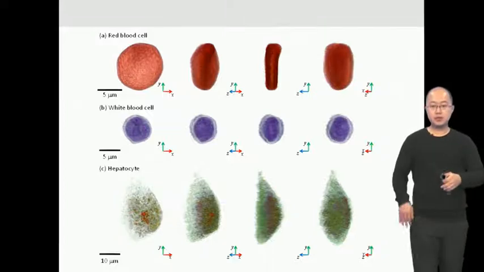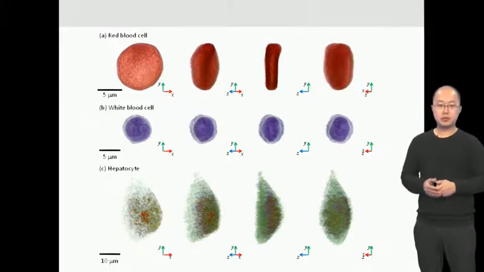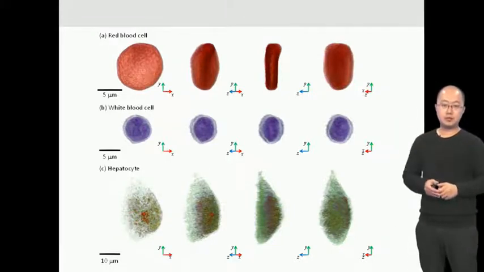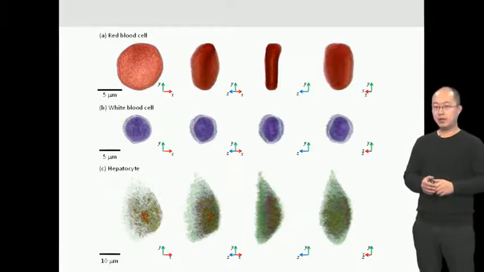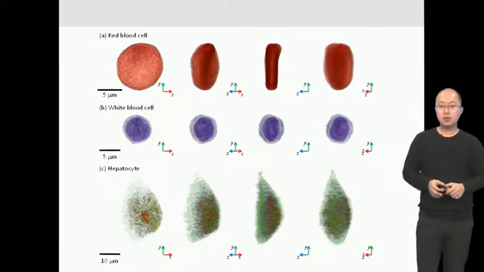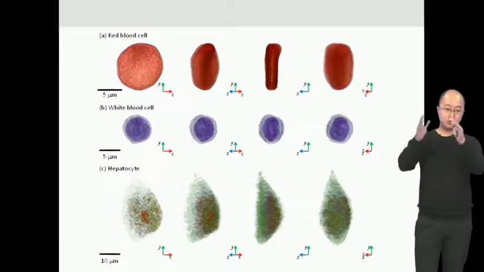And these are typical images that we have measured using the setup. So the top row is a red blood cell, and as you can see, you can nicely capture the donut shape of the red blood cell, and the middle one is a small lymphocyte, and you can visualize the nucleus and the cell membrane.